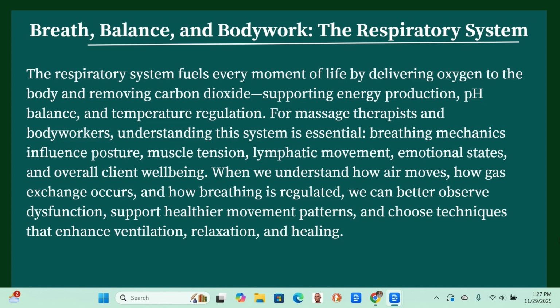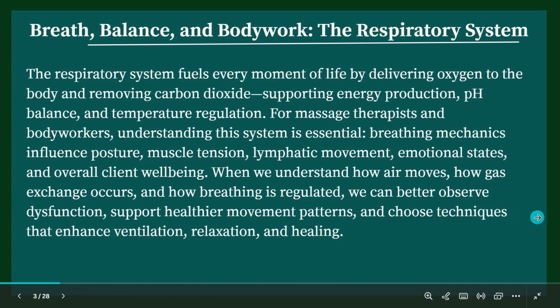Breathing mechanics influence posture, muscle tension, lymphatic movement, emotional states, and overall client well-being. When we understand how air moves, how gas exchange occurs, and how breathing is regulated, we can better observe dysfunction, support healthier movement patterns, and choose techniques that enhance ventilation, relaxation, and healing.